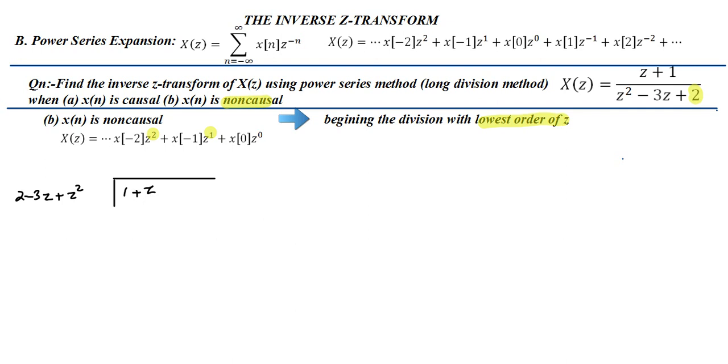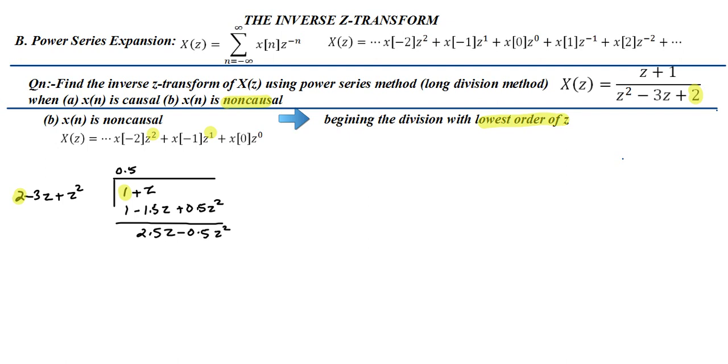So first, 1 divided by 2, I can write 0.5 here. Multiplying 0.5 with this term, it becomes 1 minus 1.5 z plus 0.5 z square. Now I subtract this, so it becomes 2.5 z minus 0.5 z square.